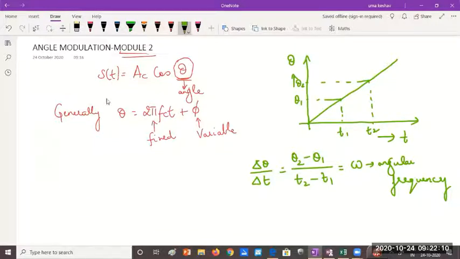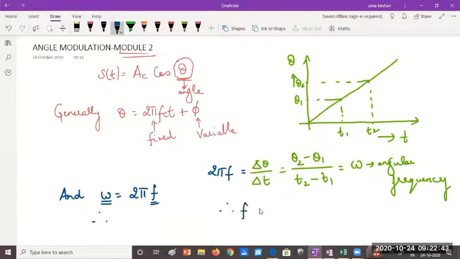And we also know how we relate angular frequency to actual frequency. Omega is 2 pi f, yes or no? Where omega is the angular frequency and f is the actual frequency. So we know that omega can be written as 2 pi f. Therefore, I can equate this to 2 pi f also, right?